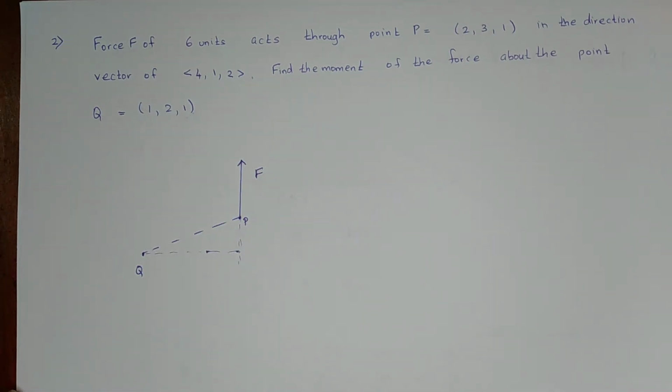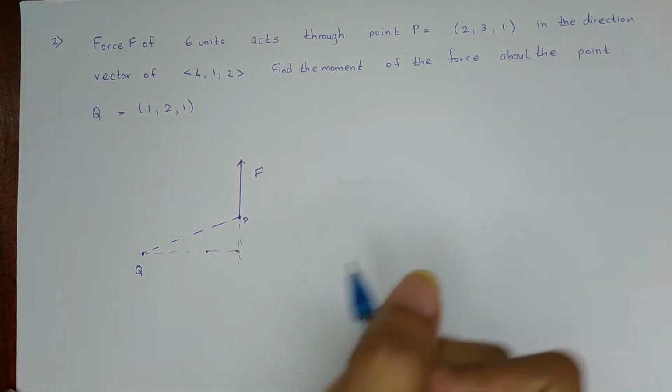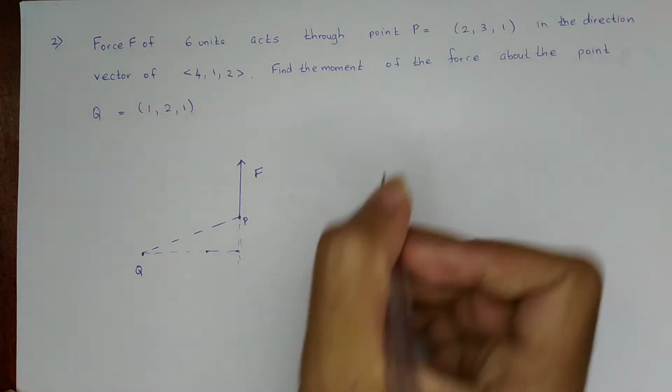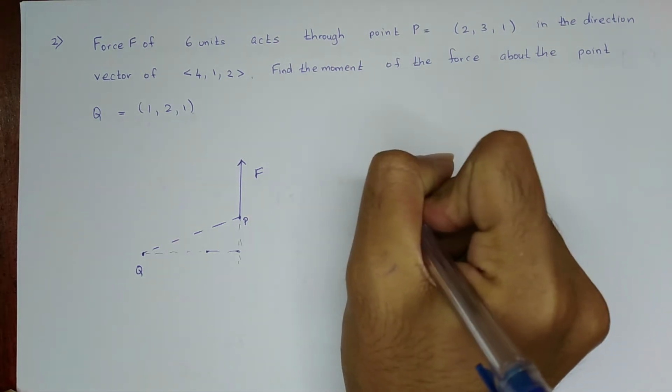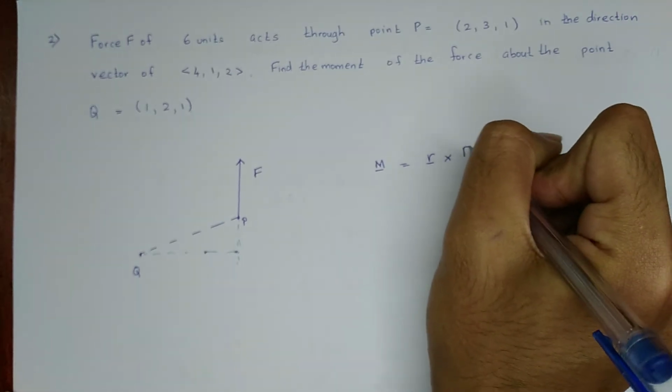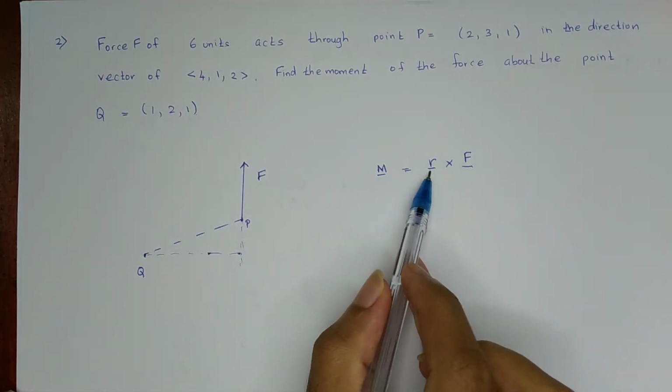But here, I'm going to use the vector method to find that. How am I going to find it? I'm going to use the cross product. This is simply written as M equals R cross F. So what is meant by this R?